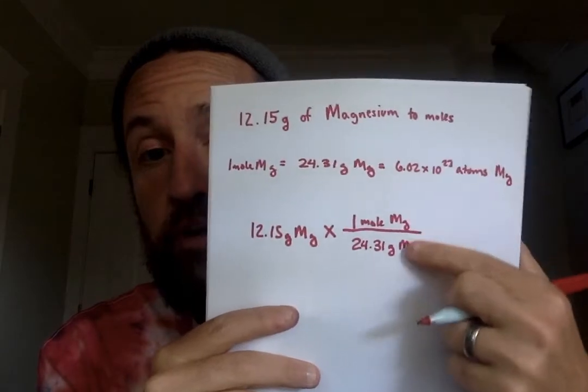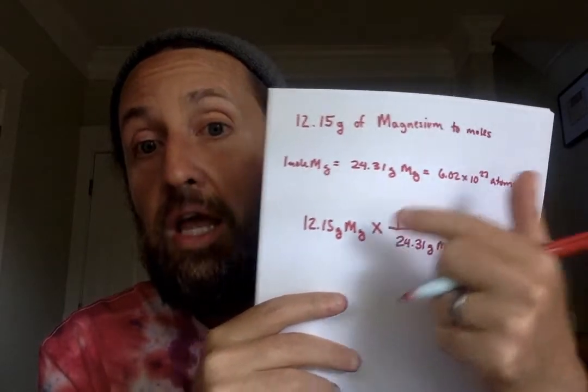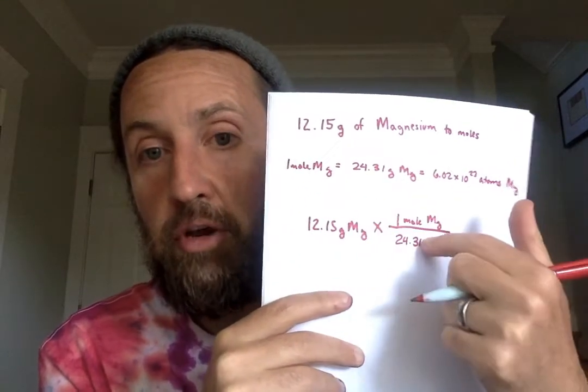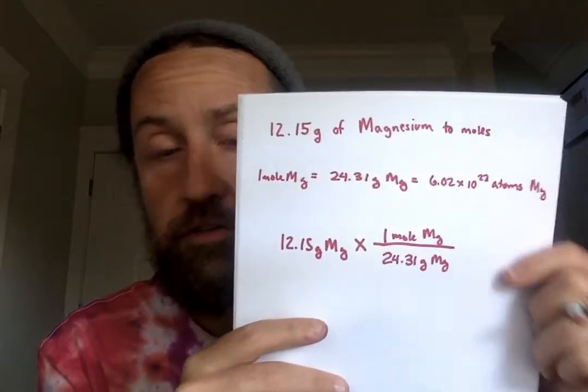So that is a true statement. And whenever you have this ratio here, it has to be a true statement. 1 mole is 24.31. And that will keep you from trying to put this number in a ratio, because this is nothing special to magnesium. It's just the number they gave us.